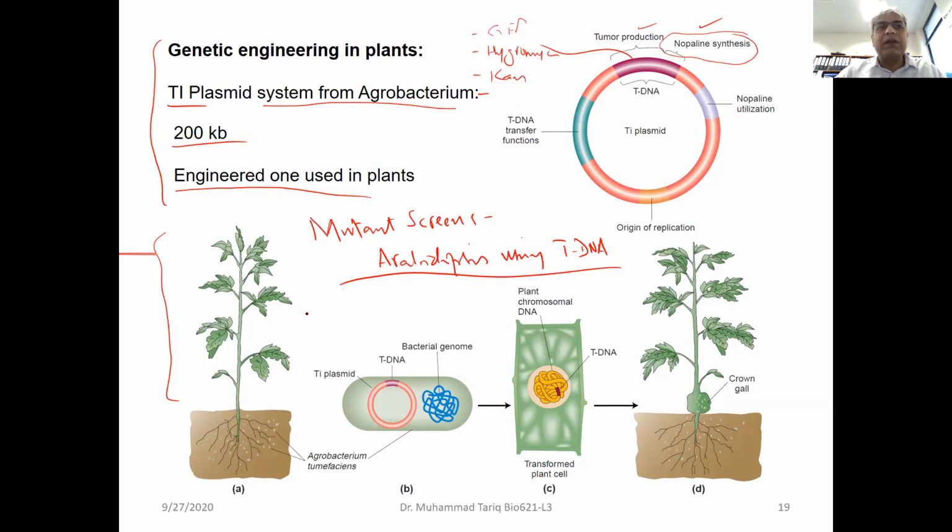For example, you simply take a leaf disc, mix with agrobacterium, which contains your gene, your plasmid now. We call them tDNA plasmids. tDNA plasmids are engineered plasmids. They are no more Ti plasmids, okay?